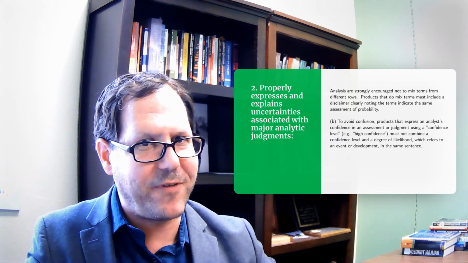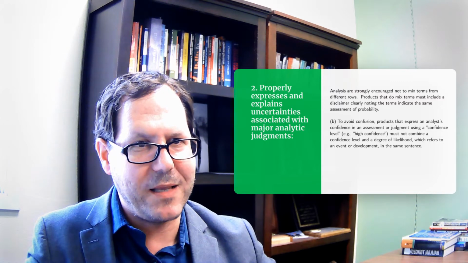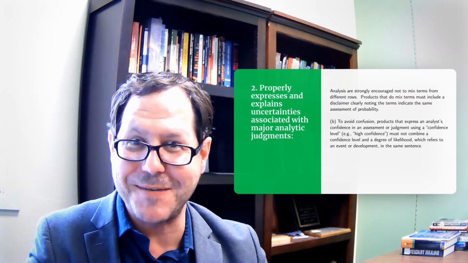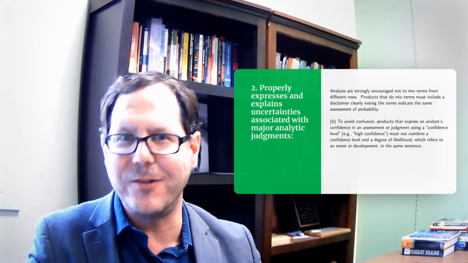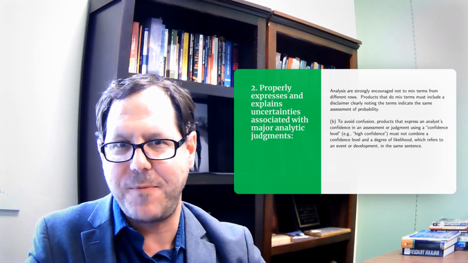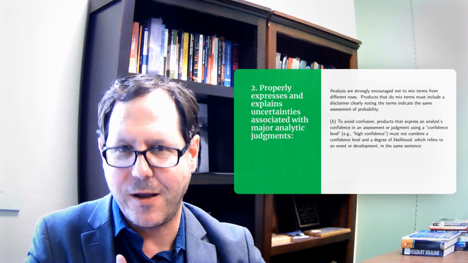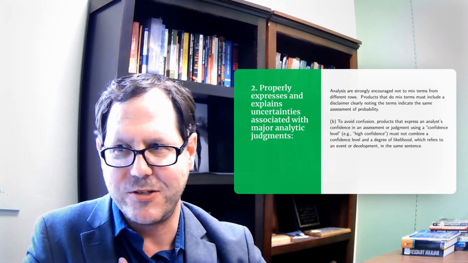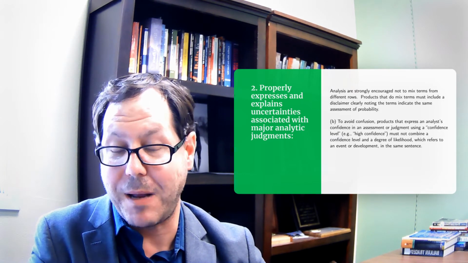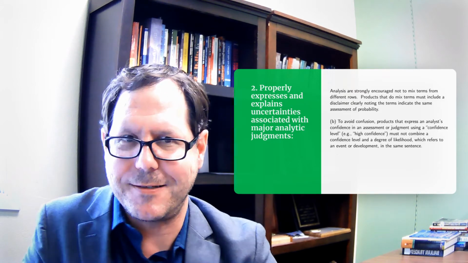I need to keep those very separate and not mix them in the same sentence at a minimum, because that can create uncertainty in the mind of a policymaker, where they might be thinking that my high level of certainty about my own judgment is translating into a high level of certainty in the outcome I'm predicting, which might not actually be the case.